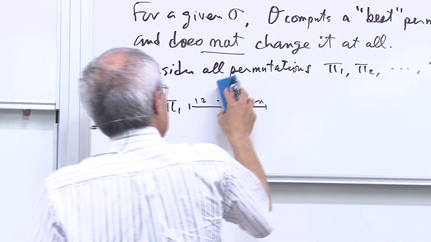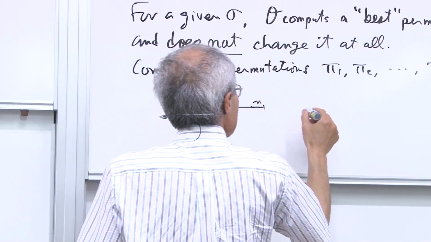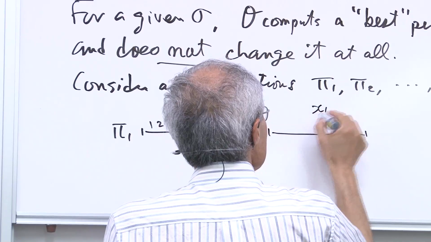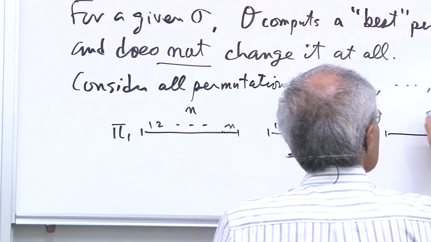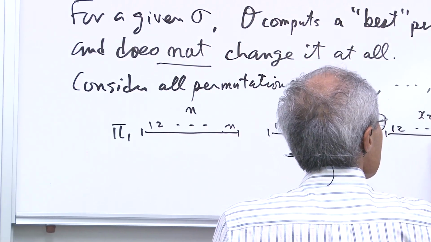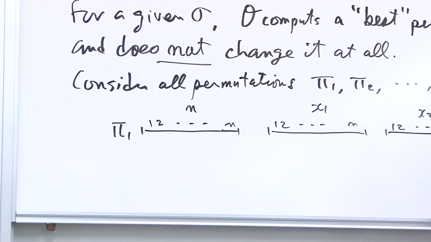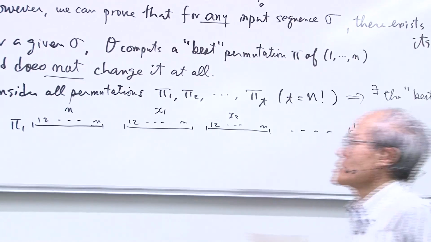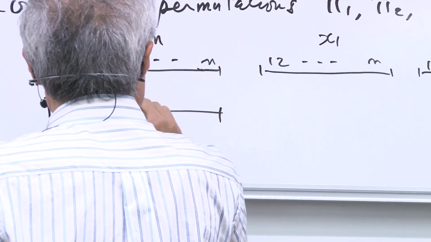The first request might be x, the next request is x1, x2. The second permutation pi 2 might be 2, 1.